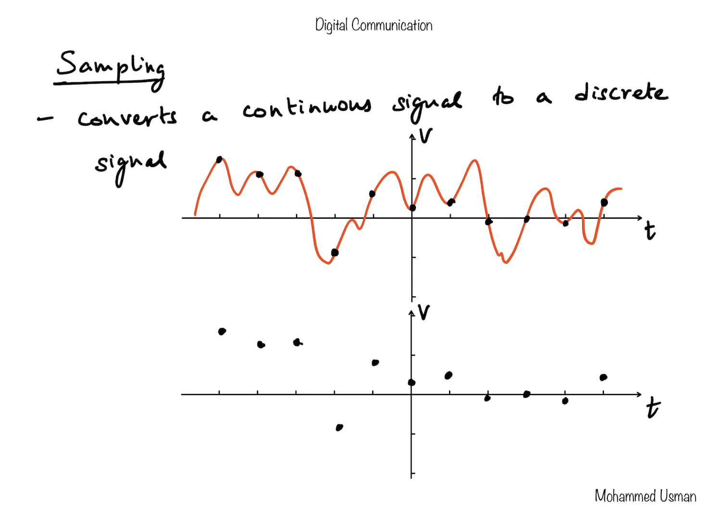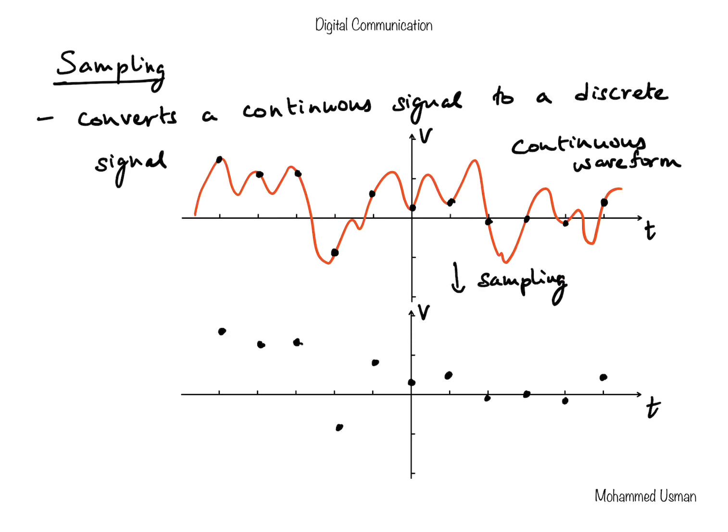So what we have on top, marked by the red waveform, is the continuous signal, or the continuous waveform, and we have performed the process of sampling here, and that gives us a discrete signal.